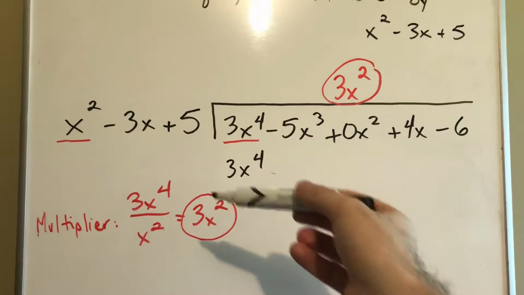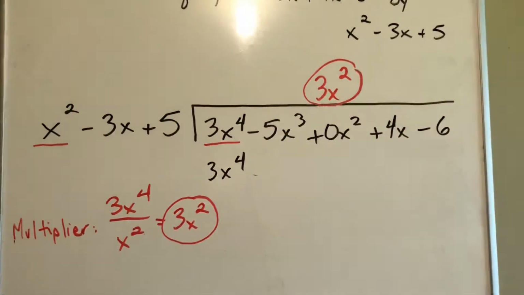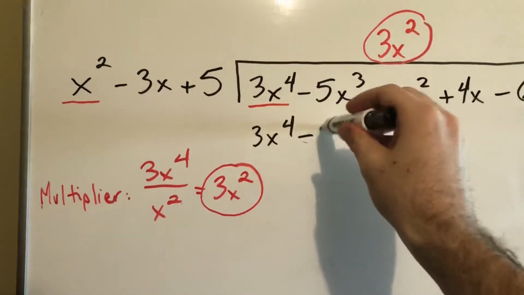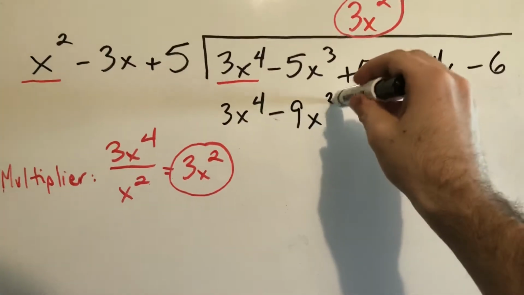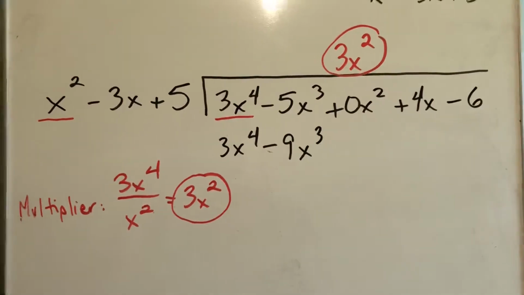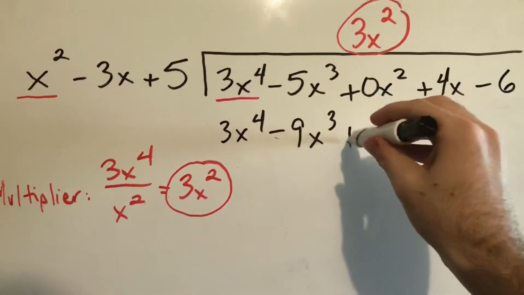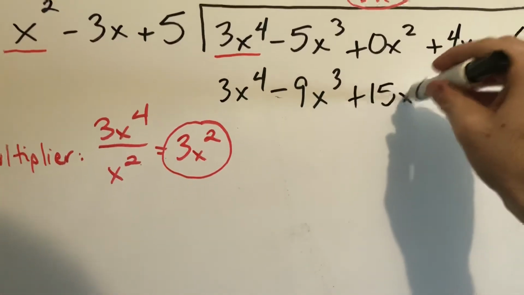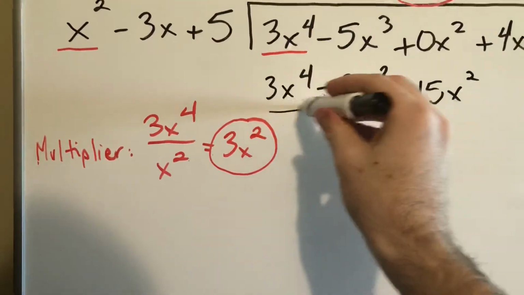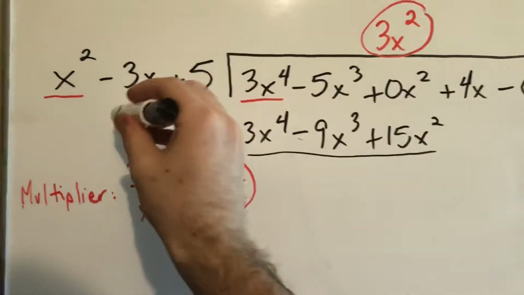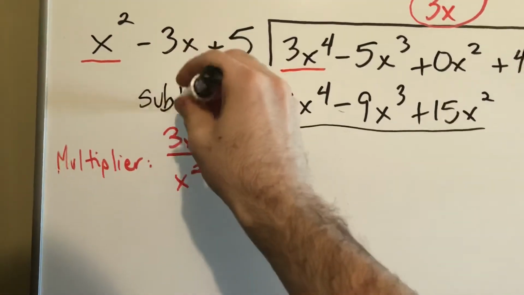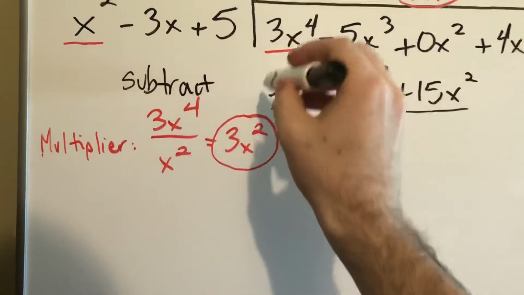Now I take 3x squared, multiply it by negative 3x. That gives me negative 9x cubed. Then I take 3x squared, multiply it by 5. We get plus 15x squared. Let's put a little subtraction line here, and then a reminder, we are going to subtract these lines.